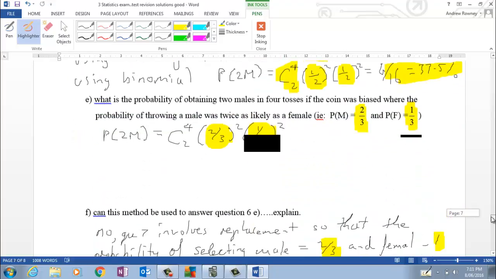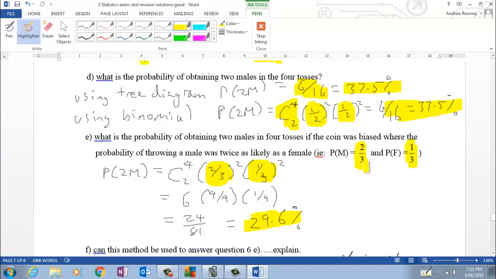Now, if we try and do that using the same thing, so C24, but instead of a half-half, we're going to use 2/3 and 1/3, we get 29.6. So we get a different value to this, which we'd expect.